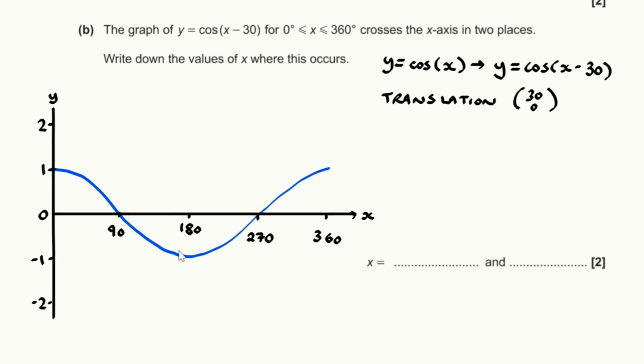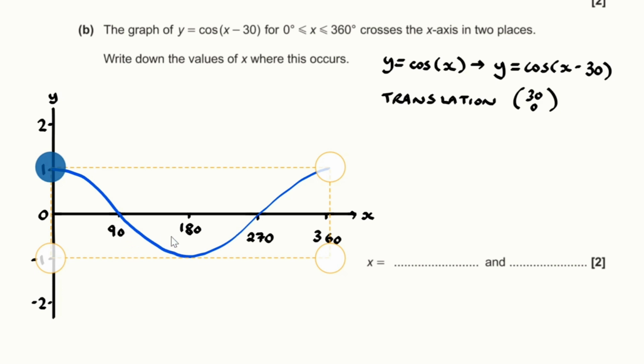We need to shift this graph 30 units to the right. So if I've got this graph here, I need to shift it 30 units to the right.